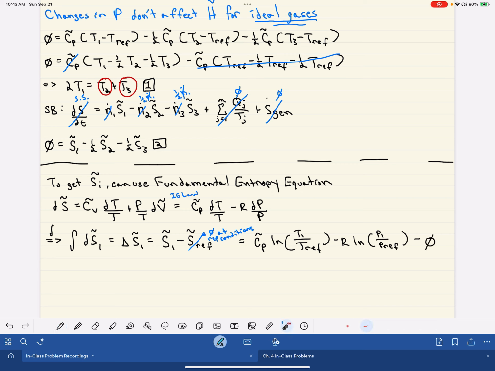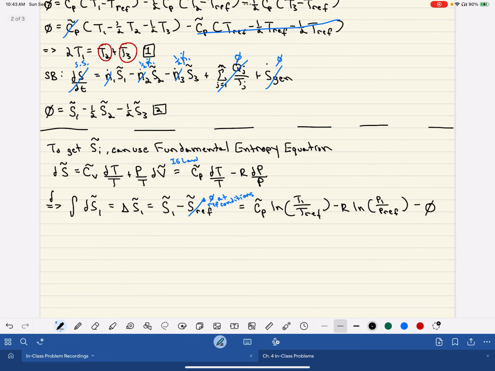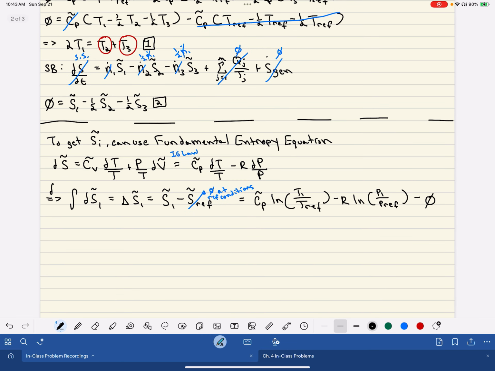All right, and so you could use the same approach for all of the molar entropies we're dealing with. So I'll write them here. I'll move this down just a bit.